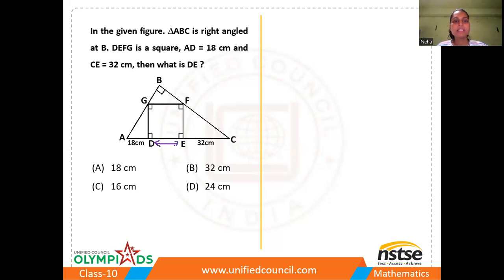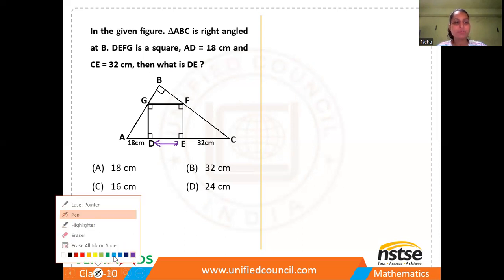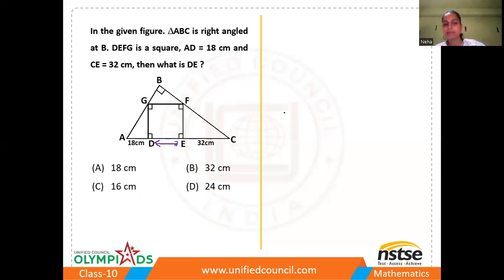Basically the side AC is nothing but the hypotenuse of the triangle ABC. So we have to find the hypotenuse, but to find the hypotenuse, we don't have anything here, first of all. That means we have to apply some concept, and then I think we can find the value of it. Maybe it might be possible.